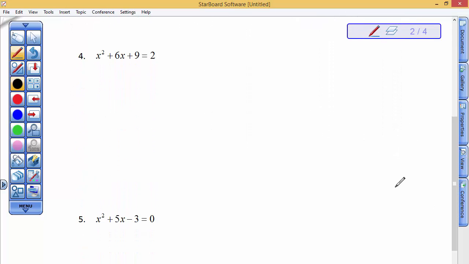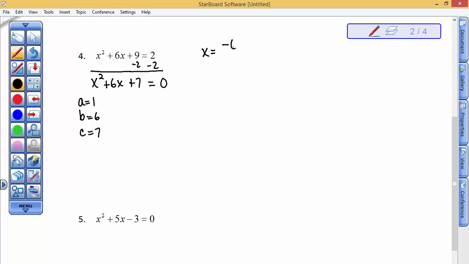All right, let's do this next one. So I've got to have 0 on one side of the equation, so I've got to subtract 2 from both sides. And now I'm ready to put in a 1 for A, a 6 for B, and a 7 for C. If I were you, I'd hit pause so you can do this on your own.